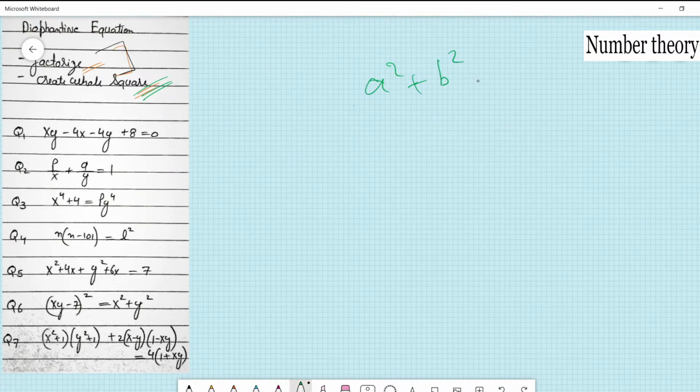Suppose we were going to solve a square plus b square equals 13. This can be solved with hit and trial. We want 2 square numbers whose sum is 13. The moment we go beyond this, we can't have any solution, because if we take a equals 4, then it alone will be 16 plus some positive integer. That can't be a solution.